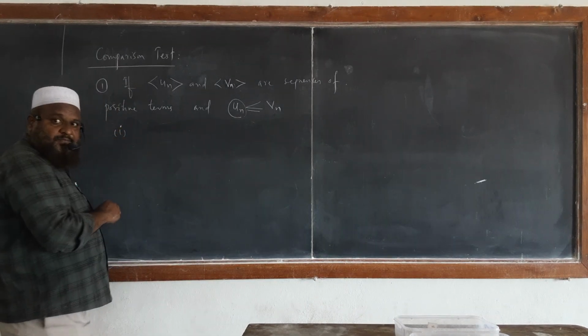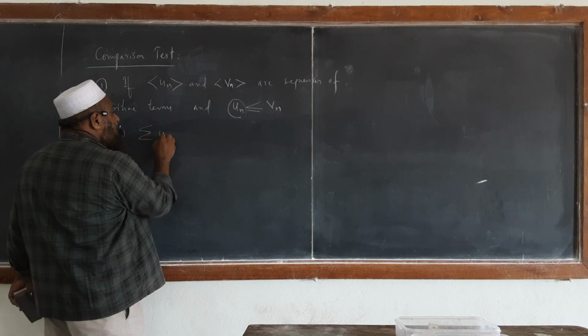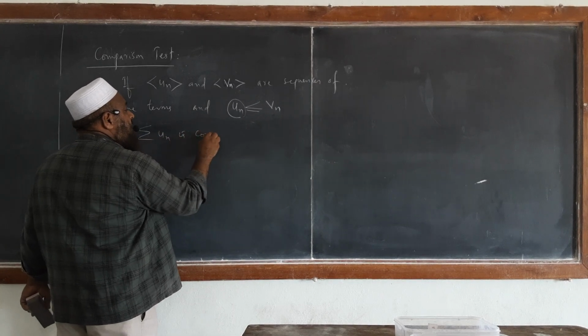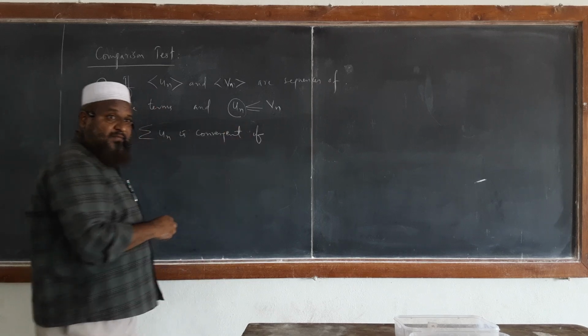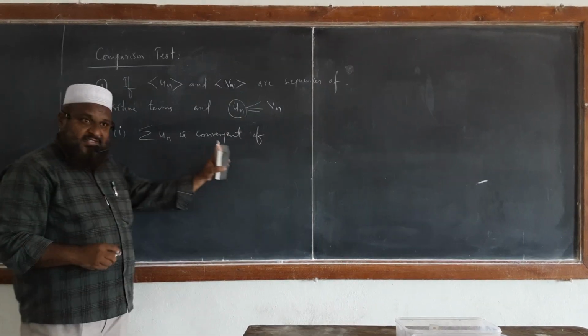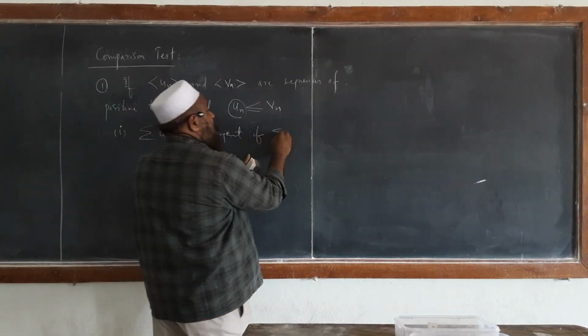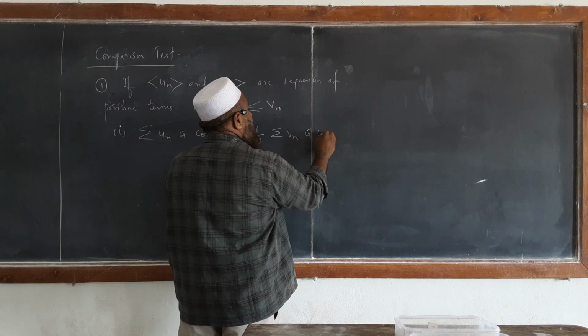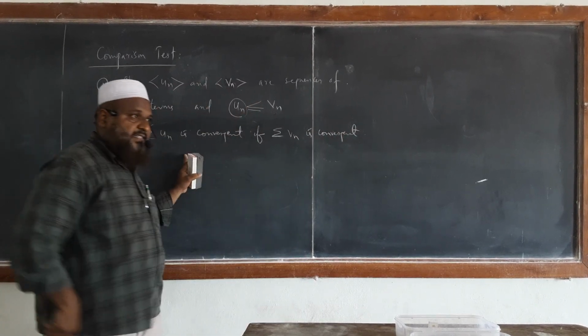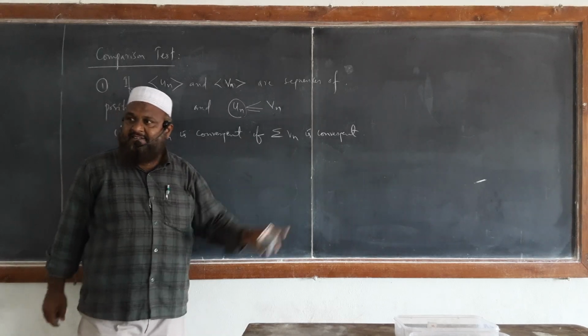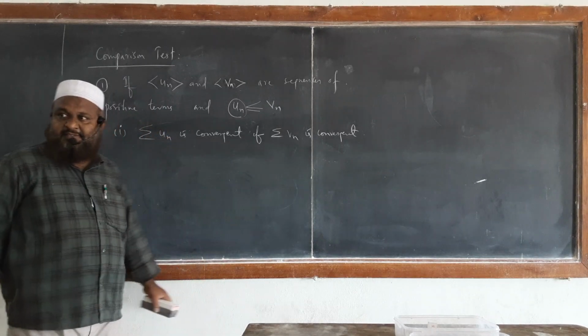Number one, sigma un is convergent if sigma vn is convergent. Just now I said, the smaller infinite series is convergent if the bigger one is convergent.